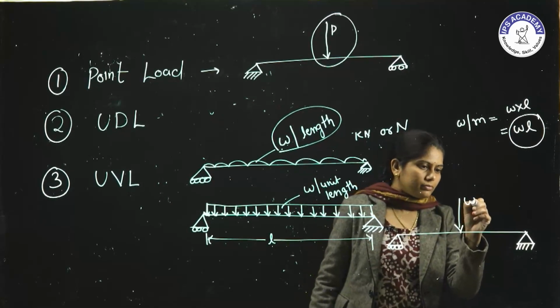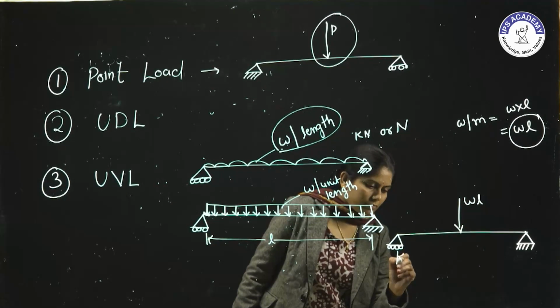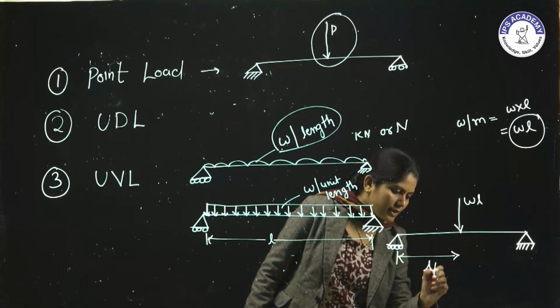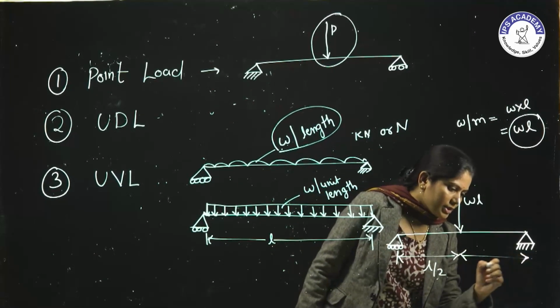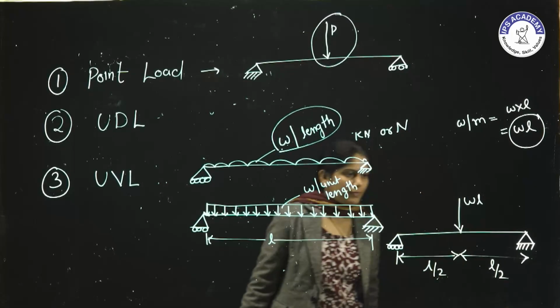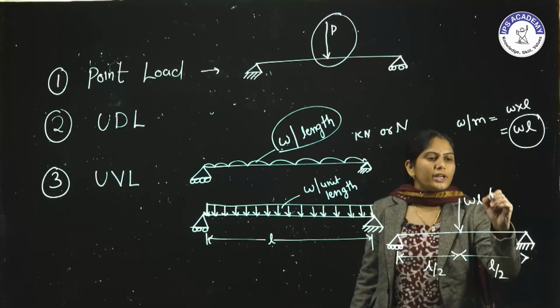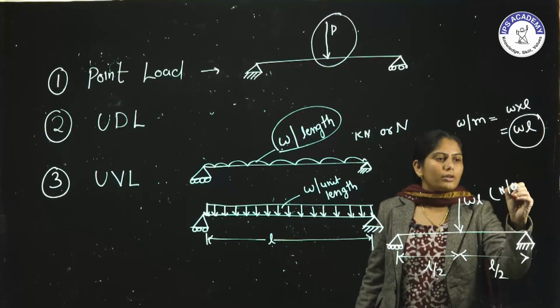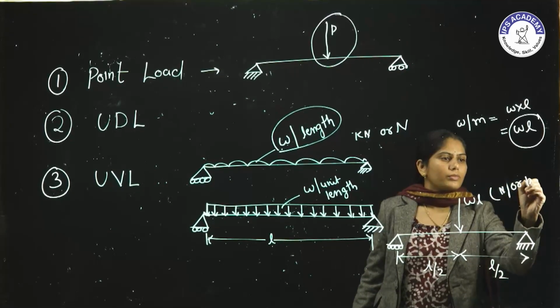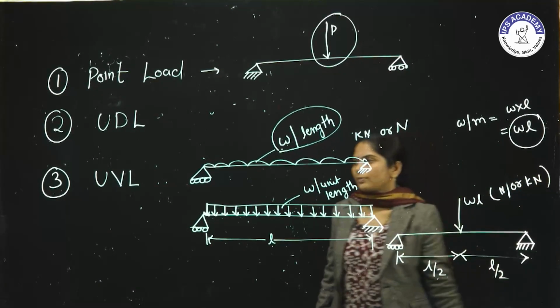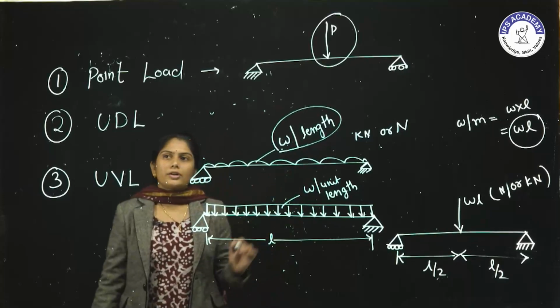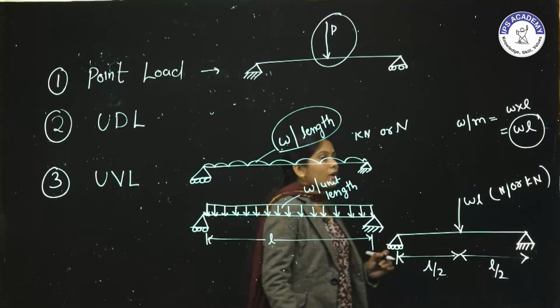So this will be L by 2, this will be L by 2. Unit Newton or kilonewton. This is the diagram of UDL.